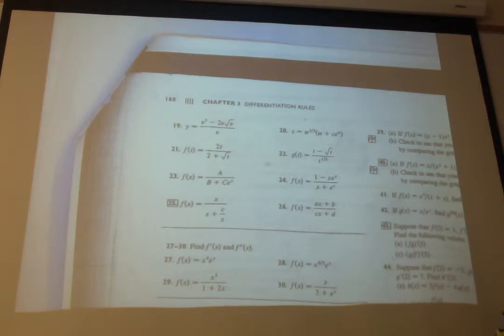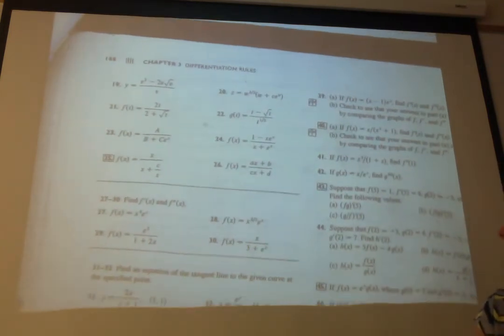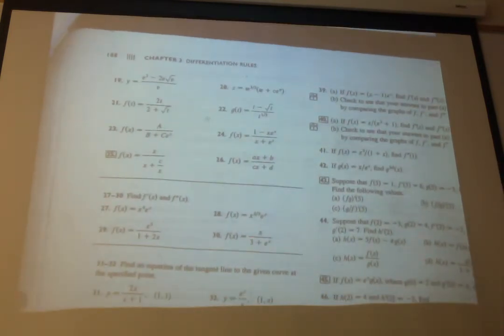All right. The other one that was mentioned, somebody else mentioned 28. So 28, you're going to have to use product rule. Is there a problem where the product rule wasn't working?